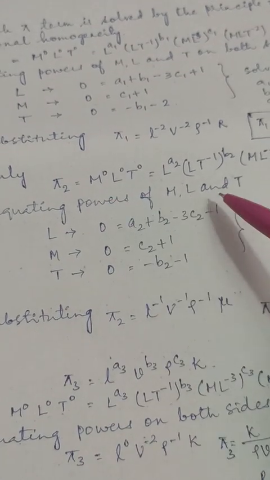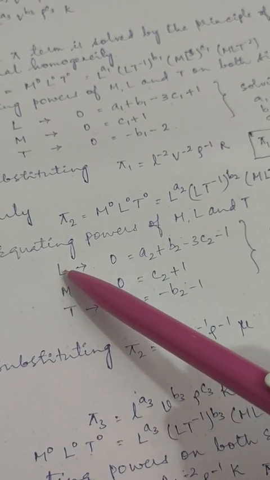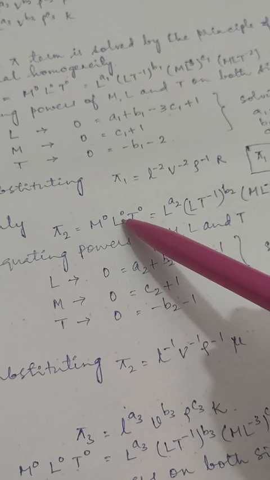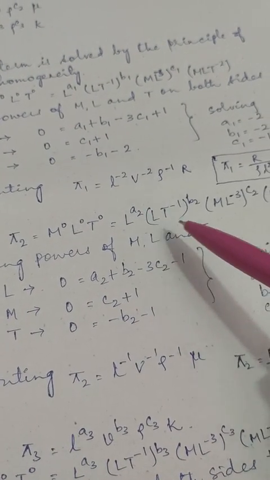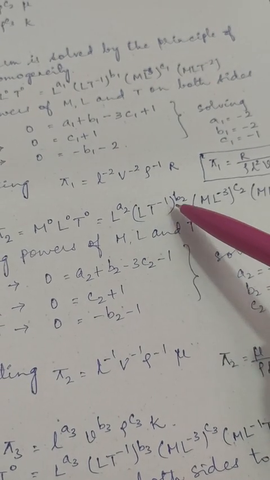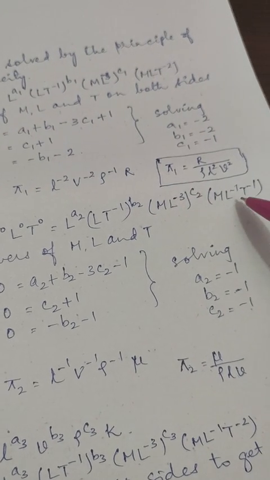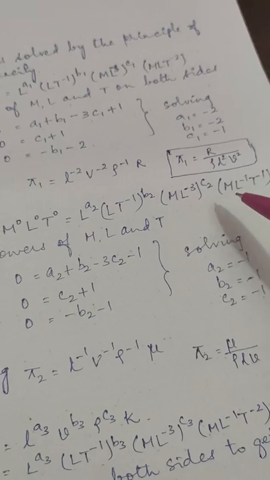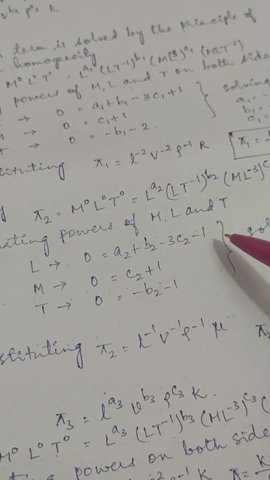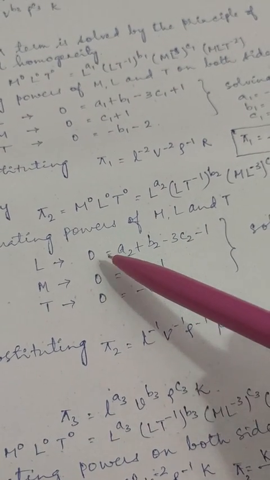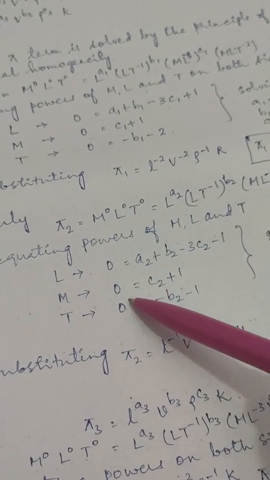Now equating the powers of L, M and T on both sides. For length L, the power is 0 on the left hand side. On the right hand side it is L to the power of A2, L to the power of B2, L to the power of minus 3C2 and L to the power of minus 1. Considering all this, we have A2 plus B2 minus 3C2 minus 1 is equal to 0. Similarly, the power of M on the left hand side is 0.